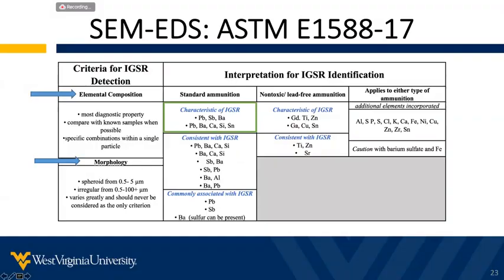On the other hand, when only 2 of these are present, the sample is considered consistent with inorganic gunshot residue. Finally, when only 1 marker element is present, the conclusion is reported as commonly associated with inorganic gunshot residue. Similar recommendations are available for non-standard or lead-free ammunition, although their characterization is less straightforward.